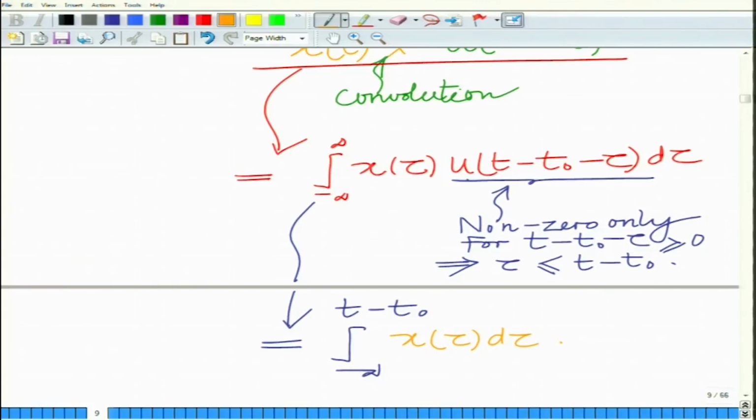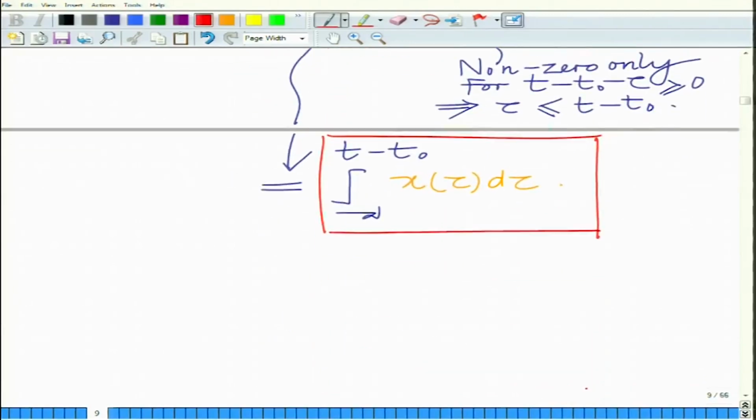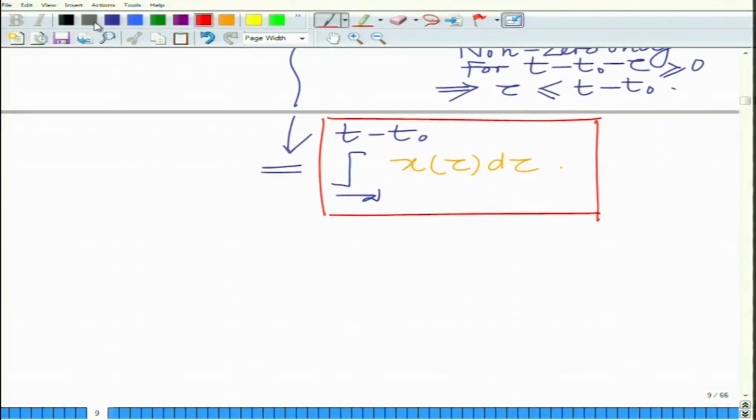So, this is the final simplified answer to the problem: the integral from minus infinity to t minus t naught of x of tau d tau.